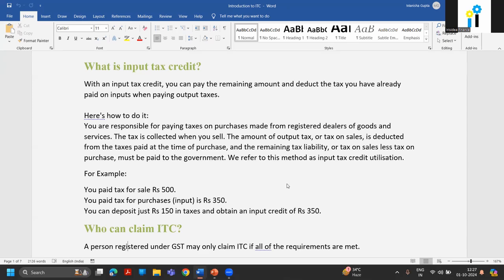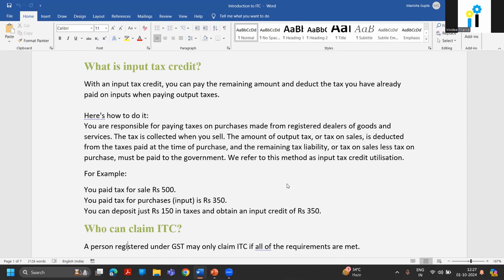When you purchase goods, you can then sell them to another customer. Say you purchased goods that cost 500, and under that you also paid 18% GST to your vendor, that is 90 rupees. At the time of sales, you get GST from your customer, which is 180 rupees.